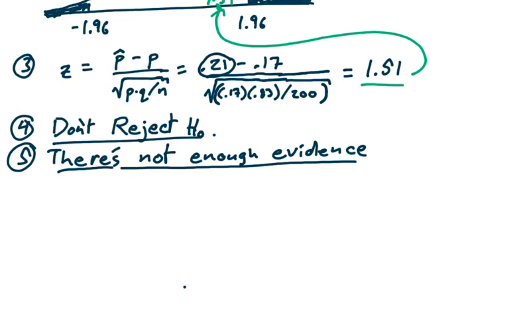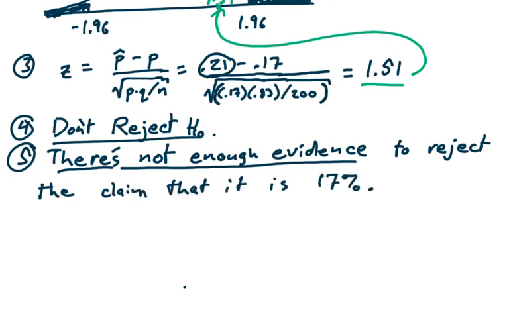What we were saying in H subscript 1 was that it's not 17%. So there's not enough evidence to reject the claim that it is 17%. And so that completes our first example of a z-test for a proportion.